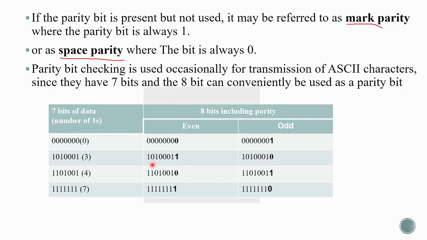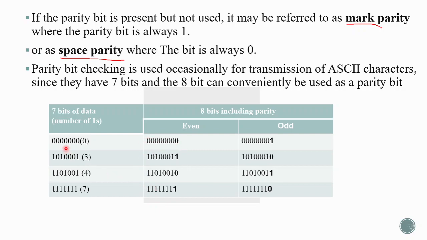Consider this example. Here is 7 bits of data, and we are adding one parity bit and making it 8 bits. Here the parity bits are added at the end. Usually we will be adding it at the first place.